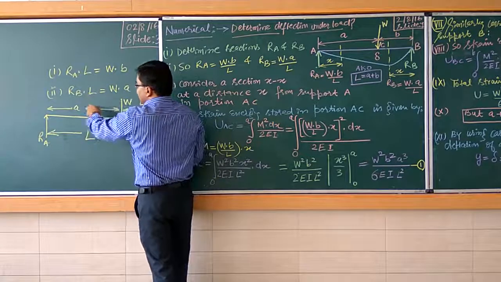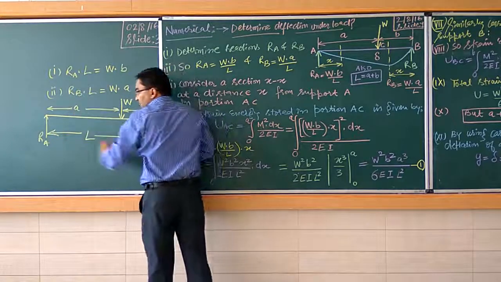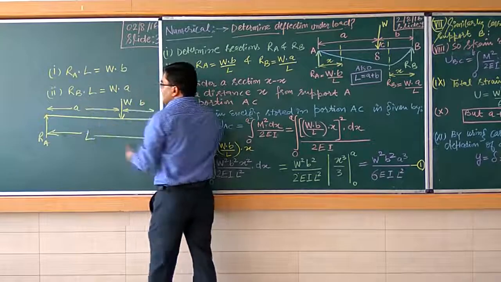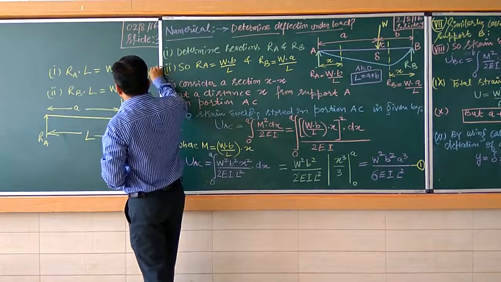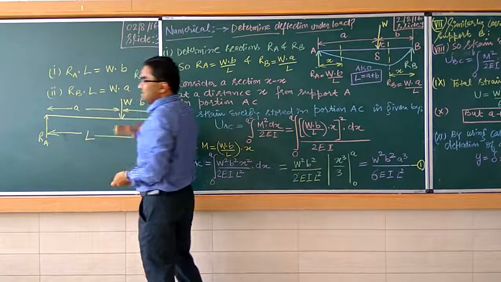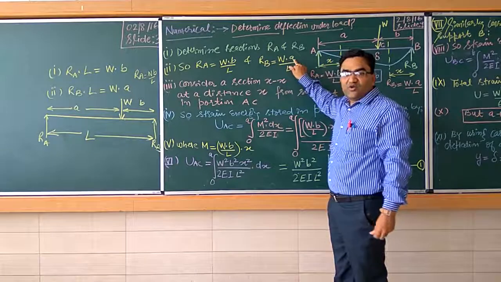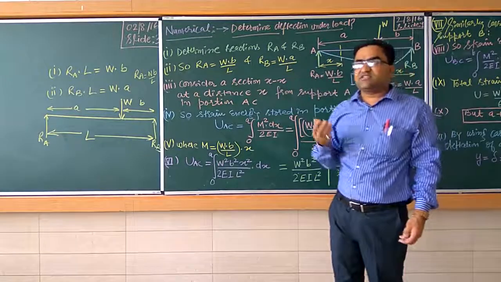Similarly, if we calculate the reaction at A, taking the moment about A, RB into L must be equal to W into a. So RA will be equal to W b divided by L, and similarly RB equals W a divided by L. So we have been successful in calculating the reactions. This is quite a simple thing.